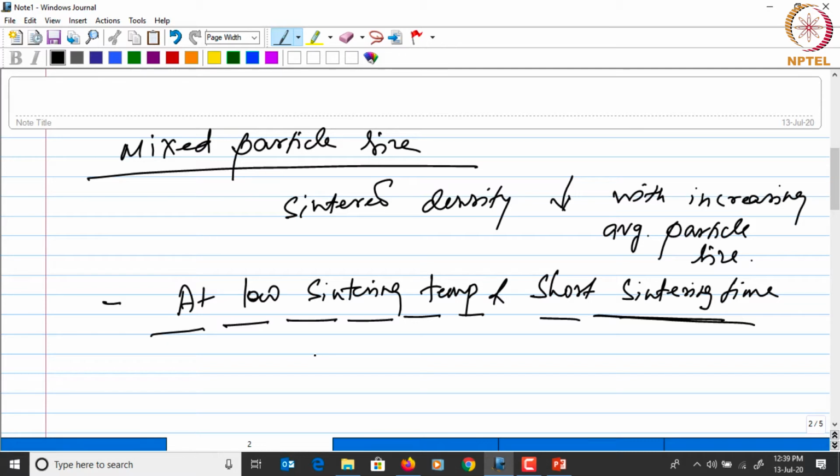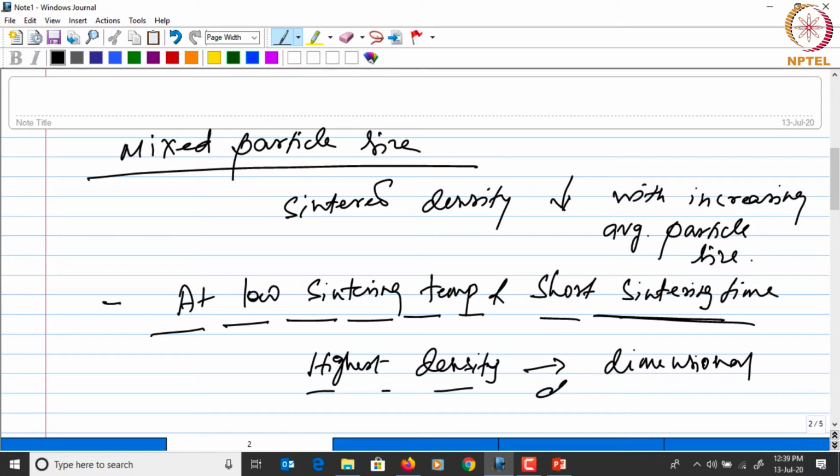In this kind of sintering condition, you can achieve the highest densification for this kind of mixed powder having larger and smaller particles. Okay. And as I said, the dimensional change is minimum.